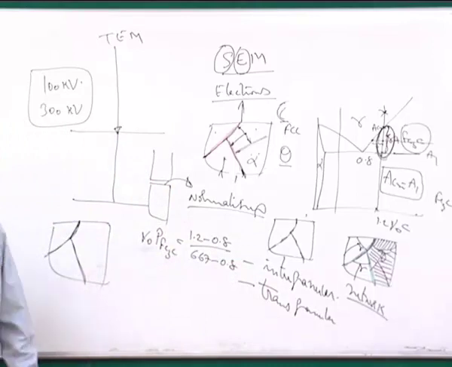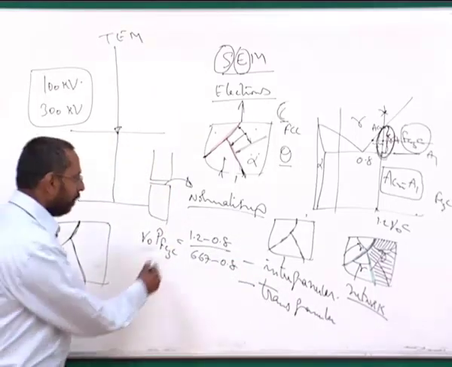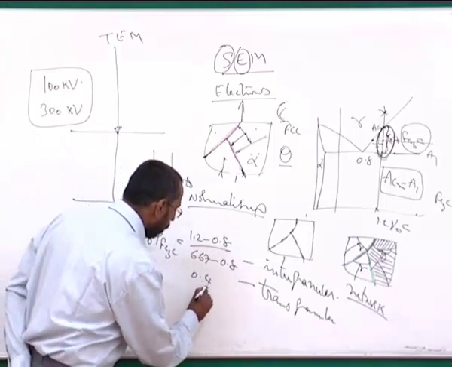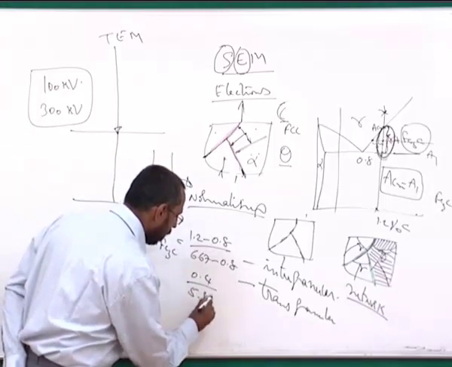This is the actual amount of pro-eutectoid cementite. And this is 0.4 by 5.87.